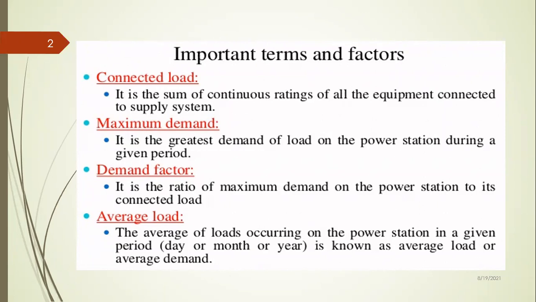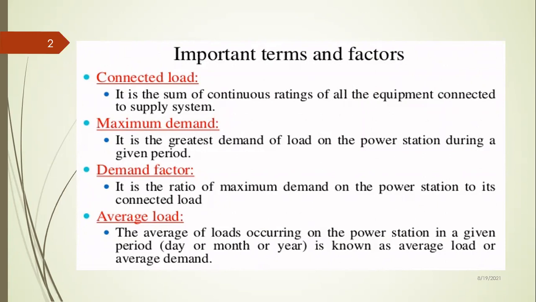Like if we say that in this summer season when the ACs are on, the maximum demand is at night like 8 to 9 p.m., when all the tube lights are on, all the ACs are on, all the fans are on, and the refrigerator is already in on condition. So that particular time period gives you the maximum demand.